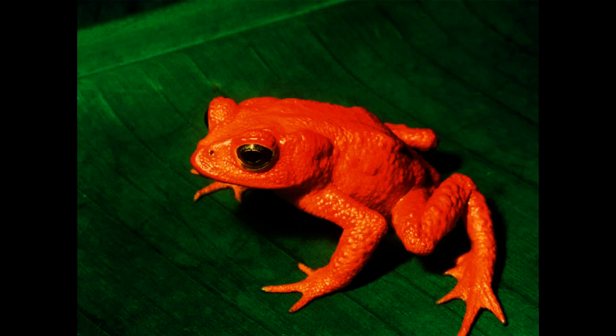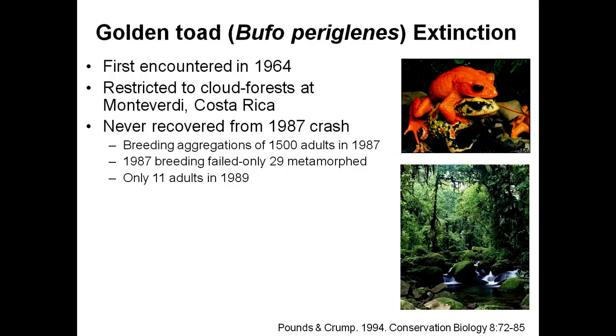Do you recognize this species? Yeah, it's a frog. Actually, it's a toad. This is the golden toad. The golden toad is the first species extinct due to climate change. Once it lived in Costa Rica, and they always had small populations, restricted to cloud forests.